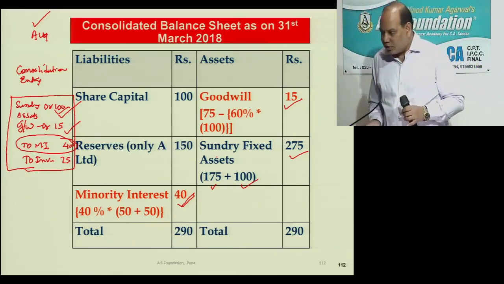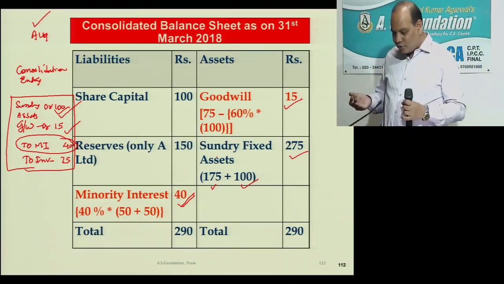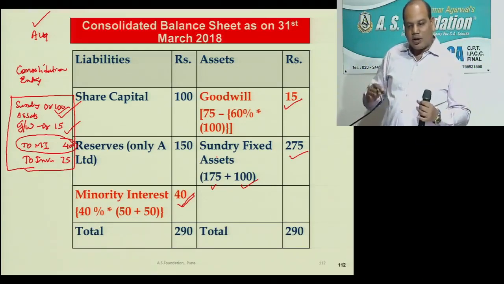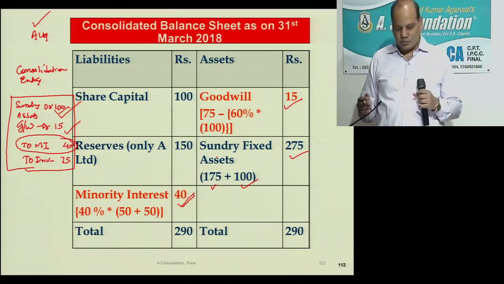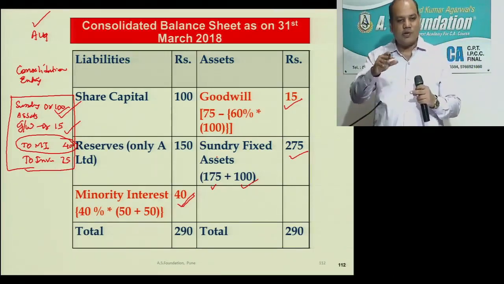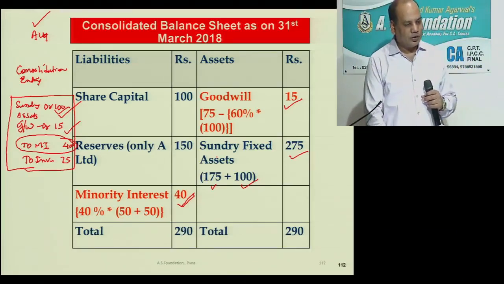So that investment goes out. Investment goes out, and what comes in? Asset of 100, goodwill of 15 and minority interest of 40. You'll find that the net effect of these all three numbers is 75 only. So that is the logic of consolidation.